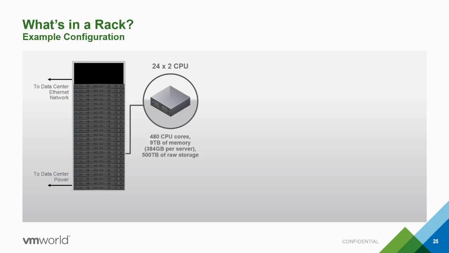You get about 500 terabytes of raw storage and 384 gigabytes of memory. Again, these are configurable in the sense that you get to choose the number of cores, amount of memory, and amount of storage up to a limited range, not any arbitrary combination, because we do pre-qualify some of the server models and so on. But you do get some variation.